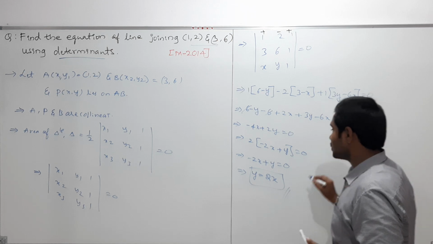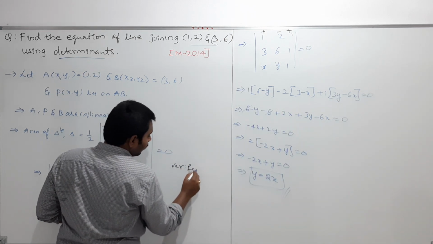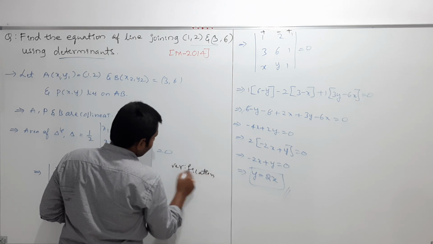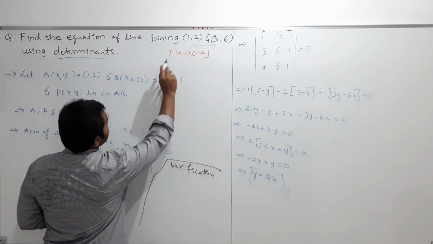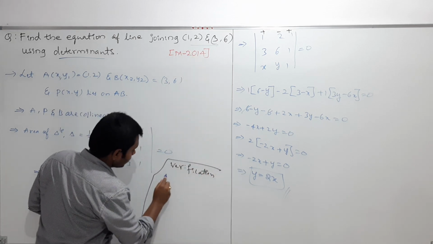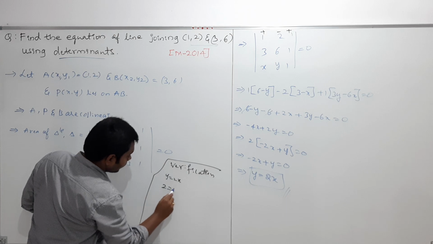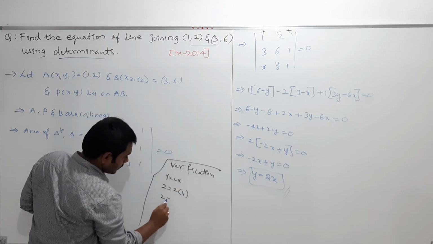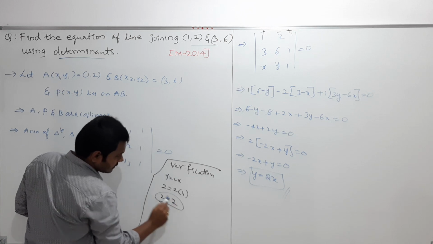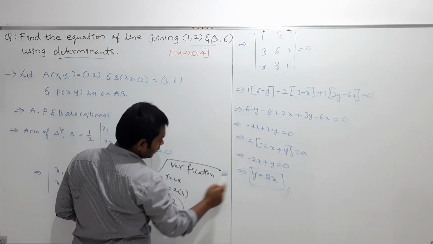So for the verification, in the answer you got, you should substitute the given point 1, 2. Here y equals 2x. What is the y value? Here it is 2, and 2 into the x value 1 is 2. So 2 equals 2 into 1, which is 2. It means LHS equals RHS. So the given point satisfies this equation.